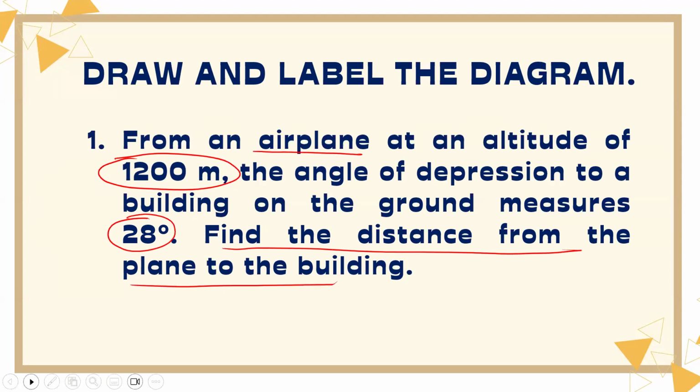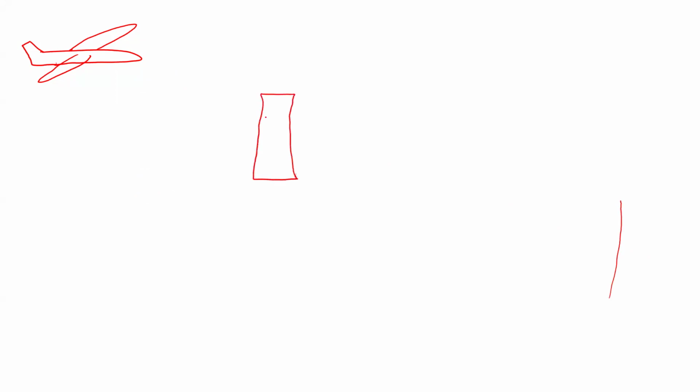Okay, so to help us visualize this problem, we can draw the problem first. Let's say this is your airplane. Okay, I don't know if I can draw very well. Right, so that's our airplane. And then we have a building, right? Let's draw it somewhere here. So there's a building.